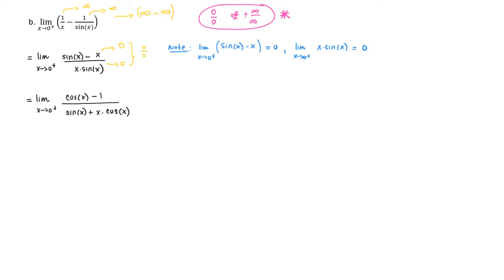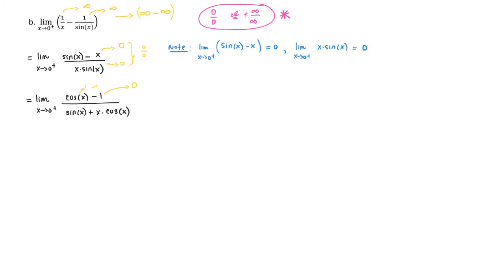Then let me now check what happens if I try to substitute 0 from the right. What happens to the limit of the top? As x approaches 0 from the right, cosine of 0 approaches 1, so this is approaching 1 minus 1. That means the numerator is approaching 0. Now let's look at the denominator.